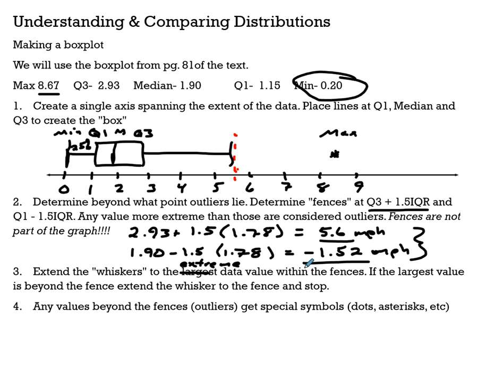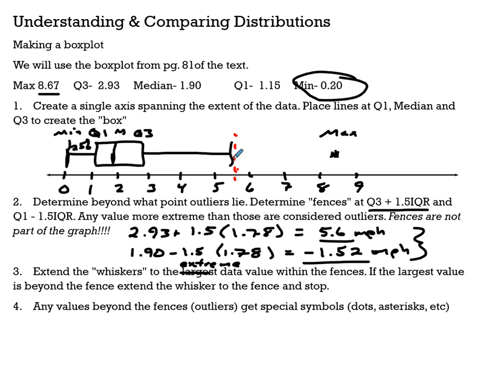So we determine beyond what values the outliers lie, and then extend the whiskers. If everything's within the fences, there are no special symbols, no dots or asterisks. Dots and asterisks only exist if there are outliers.